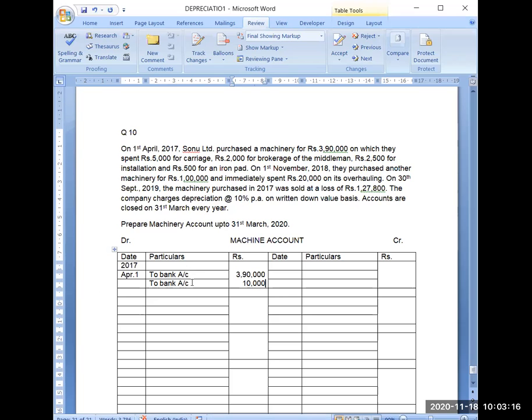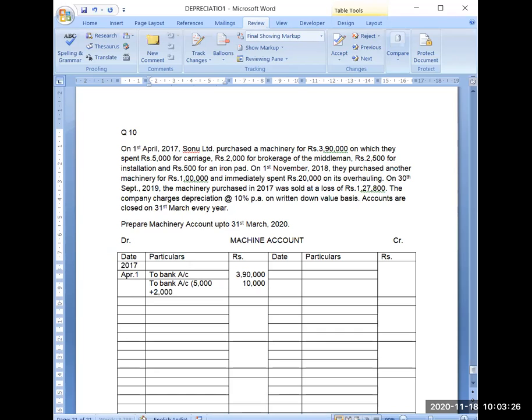So here in bracket we can write these all amounts. 5,000 plus 2,000 plus 2,500 plus 500. So now the total cost of this machinery will become 4 lakh.